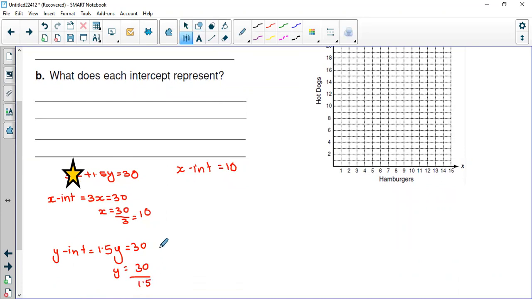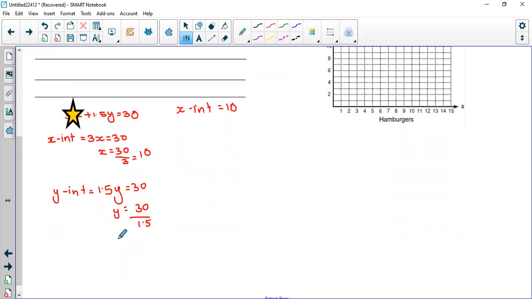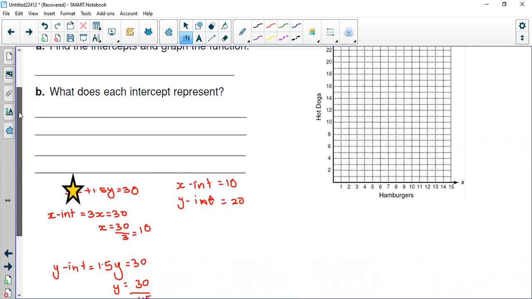Sorry, 30 divided by 1.5 is going to give you 20. So the y-intercept is going to be 20, right?